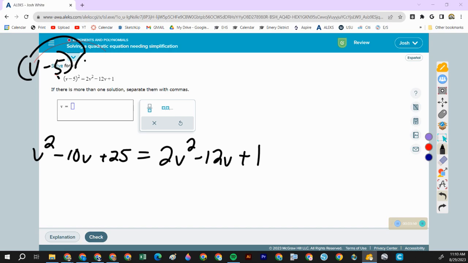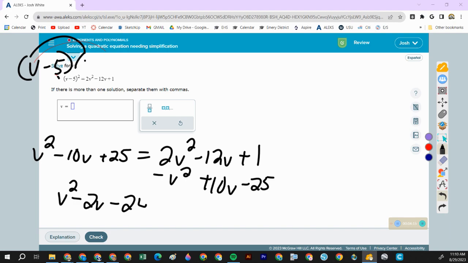If it's negative, then we just go through and times everything by negative 1. But ideally, we want the v squared term to be positive because nobody's taught you how to factor with a negative leading coefficient. So subtract v squared, add 10v, and subtract 25. And that will give me v squared minus 2v minus 24. And that is v minus 6 and v plus 4. So v is 6 and negative 4.